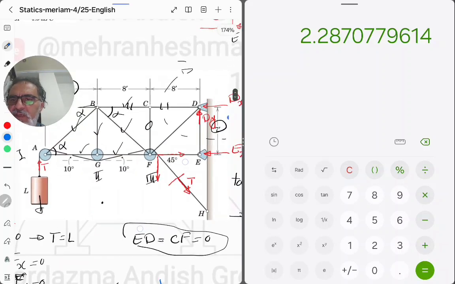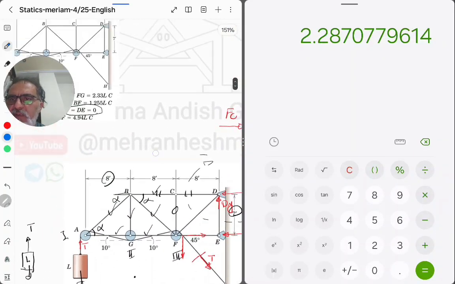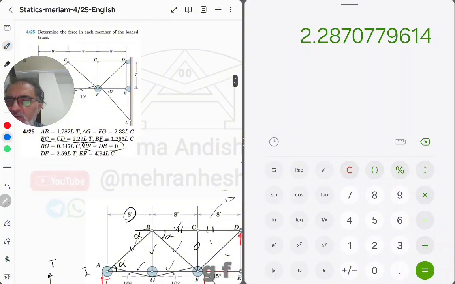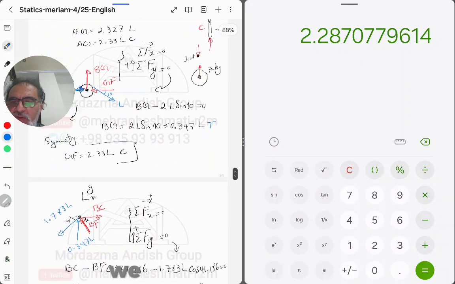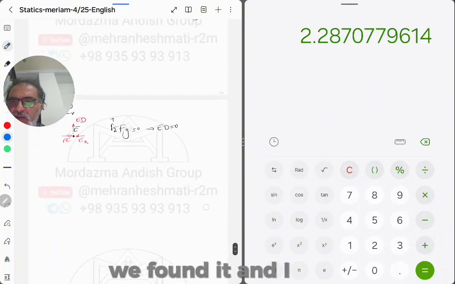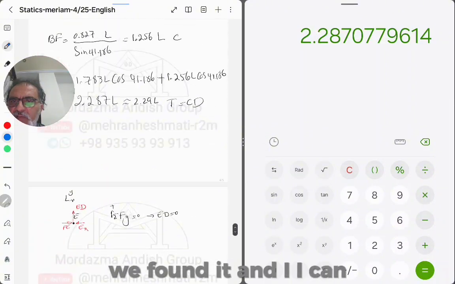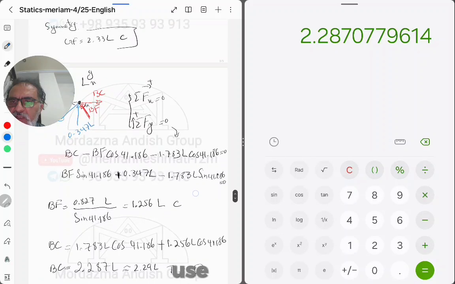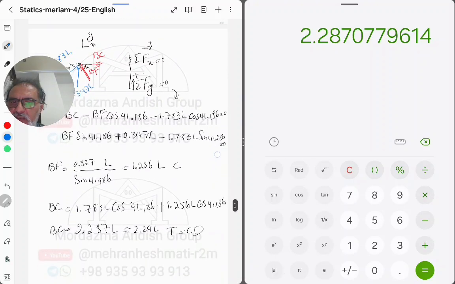GF, where is GF? 2.33 L compression. We found it, and I can use it here.